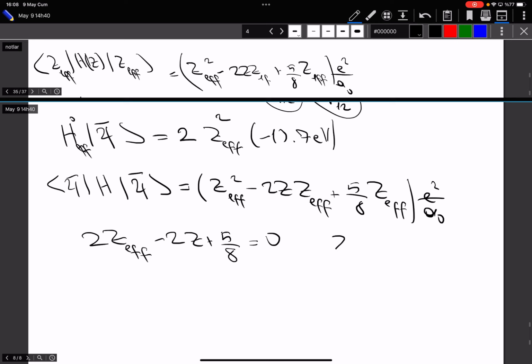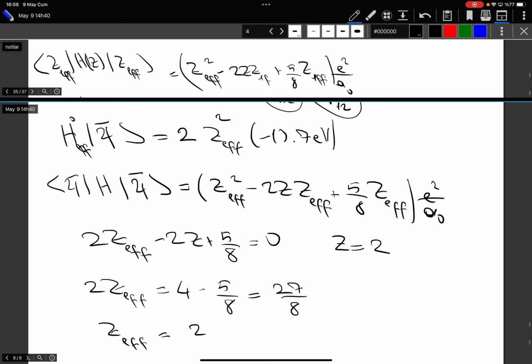And remember, in our case, Z is equal to 2. So twice Z effective is equal to 4 minus 5 over 8, which is 27 over 8. So Z effective is 27 over 16.